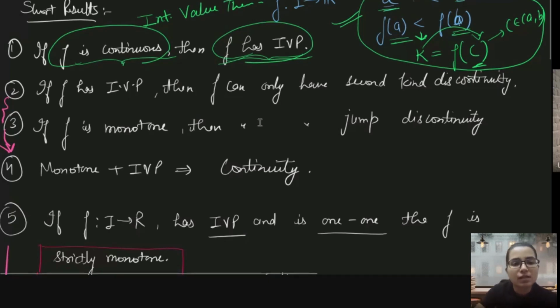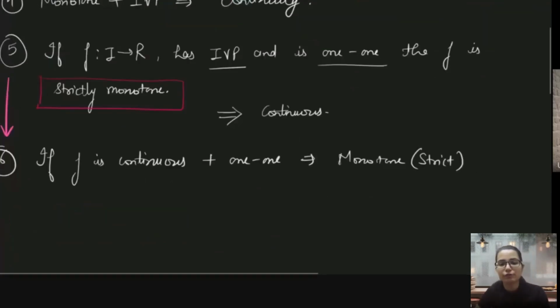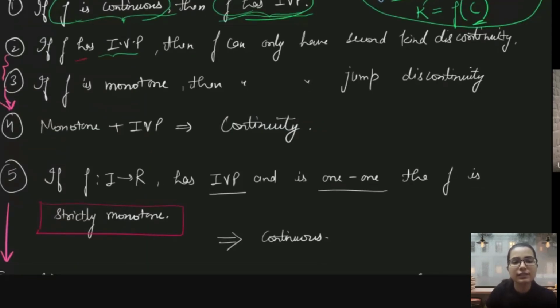Okay. Now the second result says that if f has the intermediate value property, then f can only have second kind discontinuity. See, if a function has the intermediate value property, for any 2 points you can always find a point which is related to some point C, right?